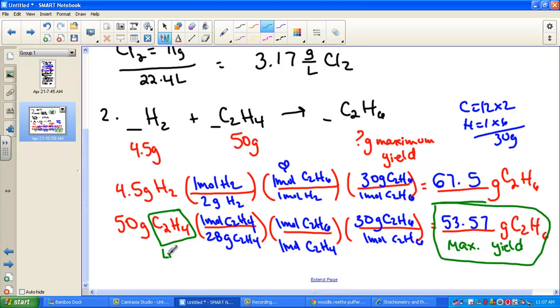The limiting reagent, or the reactant if you prefer that vocabulary word, is that ingredient that gave us the maximum yield, C2H4. It didn't ask, but just to review, we would know the hydrogen to be in excess amounts.